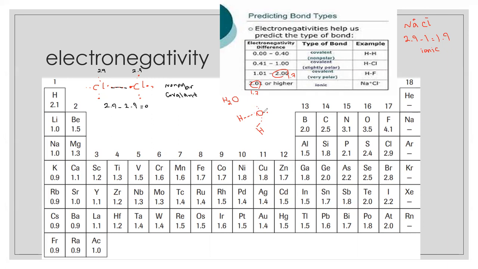I want to see that. Oxygen is 3.5, minus hydrogen, which is 2.1. What is that? It's 1.4. So 1.4 is going to be very polar, so it's a very polar bond.